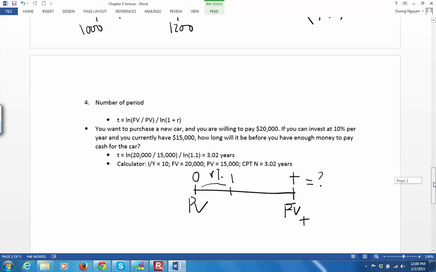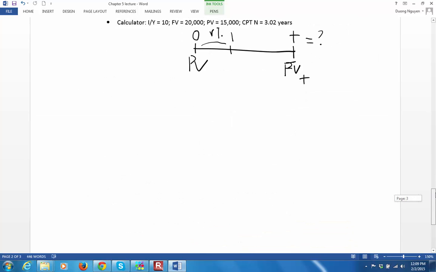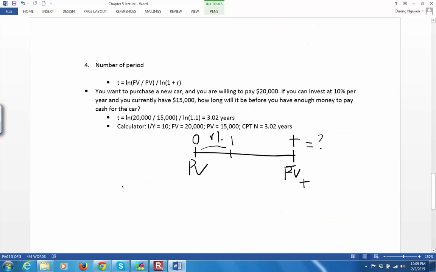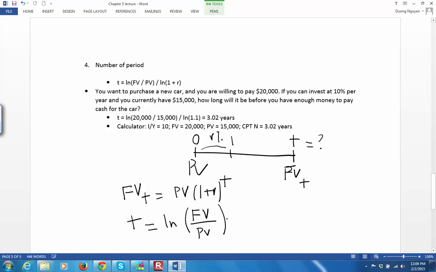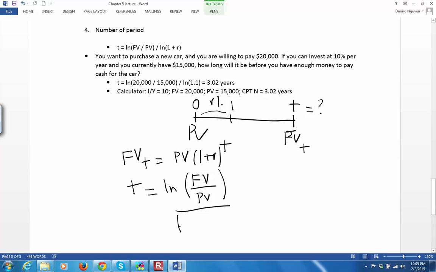Start with the original formula, the future value is equal to present value times 1 plus the interest raised to the power time, and you can easily get the time equal to the natural log of future value over present value, the whole thing divided by the natural log of 1 plus the interest. So that is the formula to calculate the number of years.